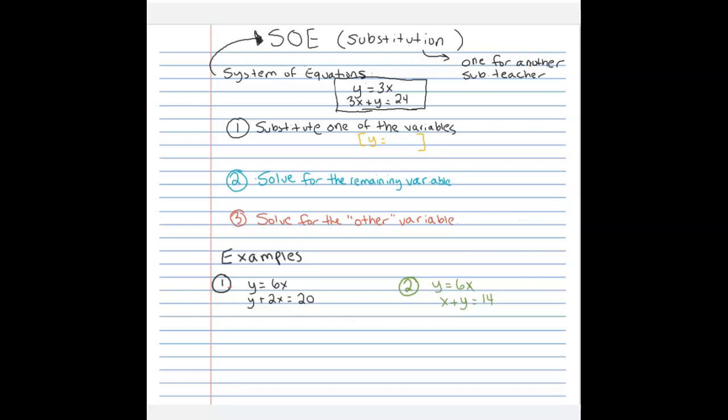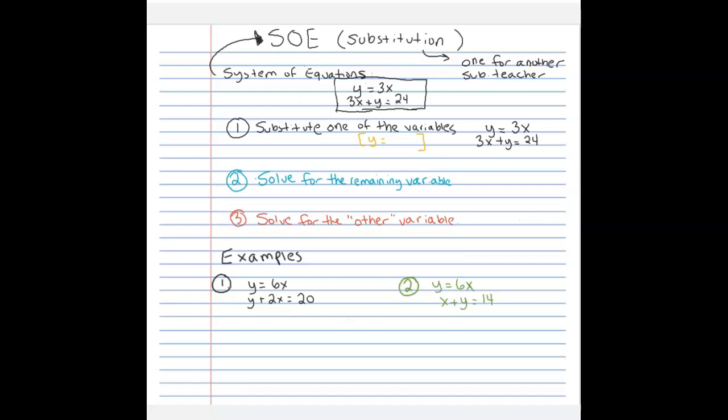So we're going to use the same idea, but for systems of equations. We have another example here, and I'm going to write it off to the side so we can work on it together. We have y equals 3x, and 3x plus y equals 24. What's funky about this system is that here I only have y equals blank.